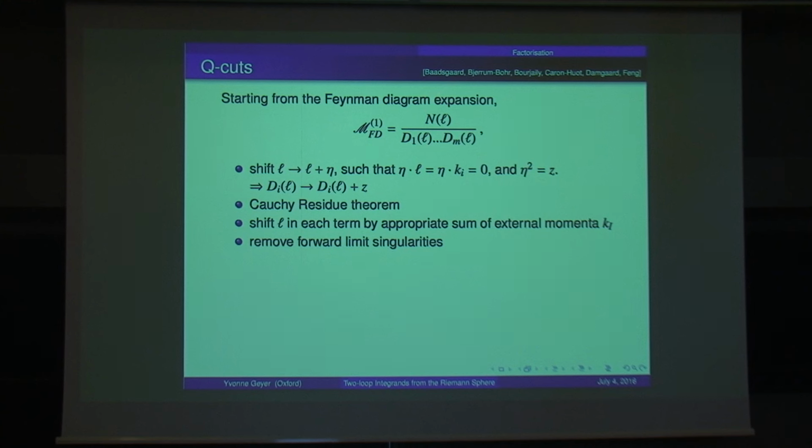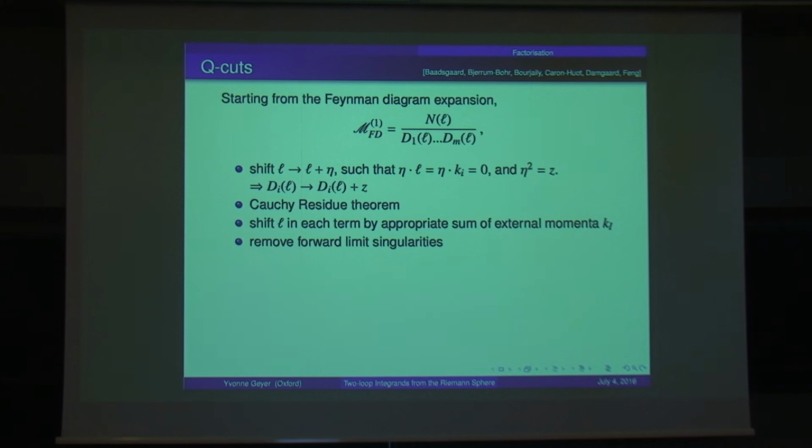Now the way to get to the Q-cuts is the following. Shift the loop momentum by something that in general will live in higher dimensions, because I want that dotting this vector eta with L and Ki gives me 0. But this eta square is some constant that I'll rename Z.